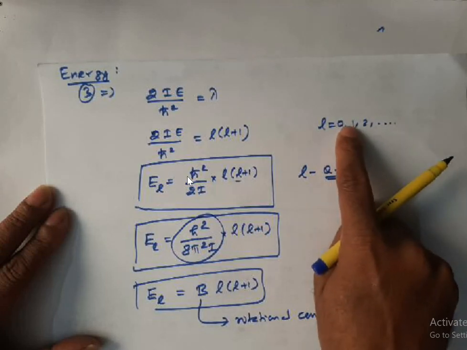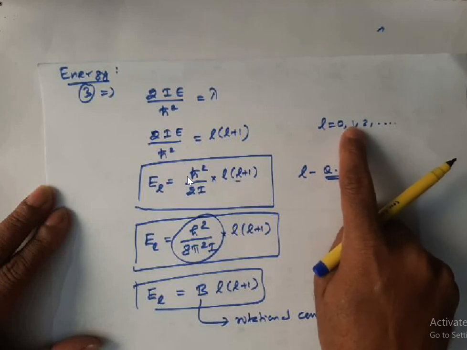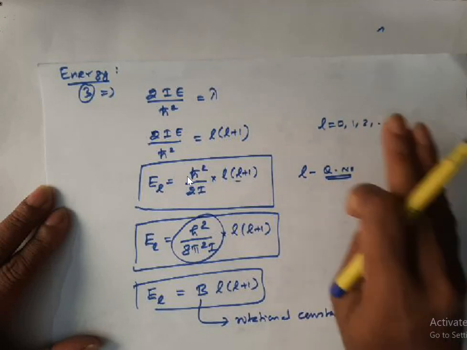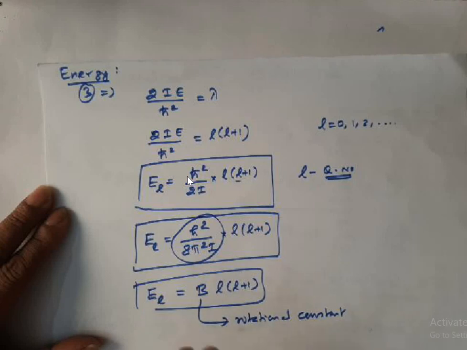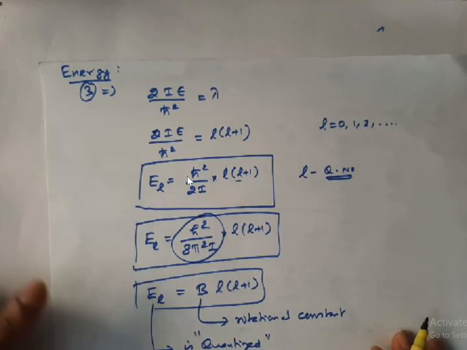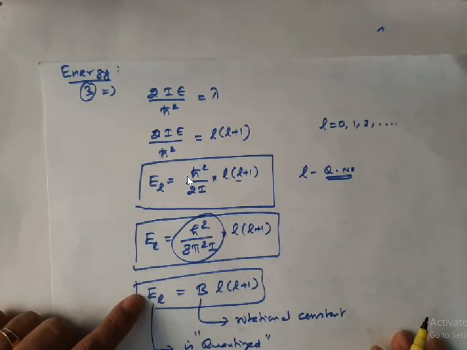Now, depending upon the value of L, L can take only certain allowed values. It can take 0, 1, 2, like that. It cannot take 0.1, 0.2 and so on. So L can take only certain allowed values. Therefore, energy can also take only certain allowed values.